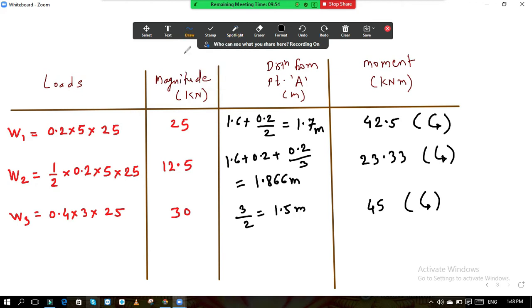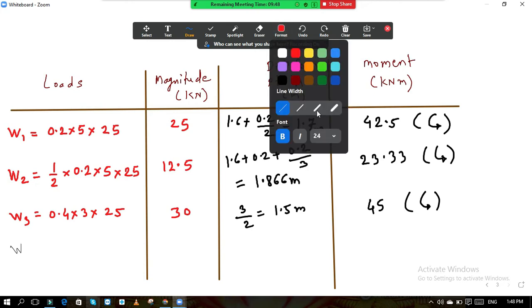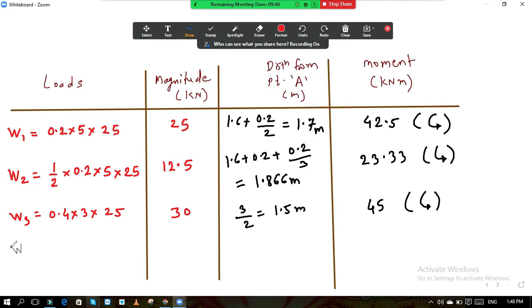If you don't understand any point, let me know at that point only before going further, so that we can resolve it quickly. So WB, soil backfill pressure, how much is it? It is 1.6 into 5 into 18. Now density of soil is 18.